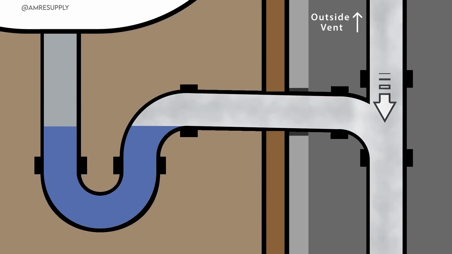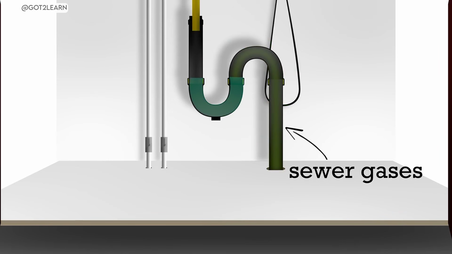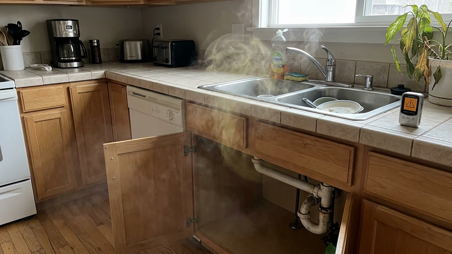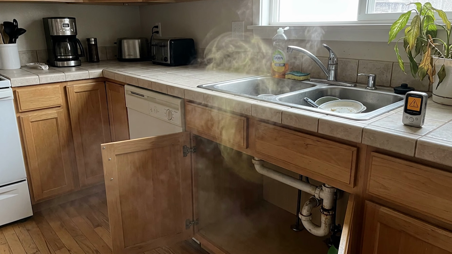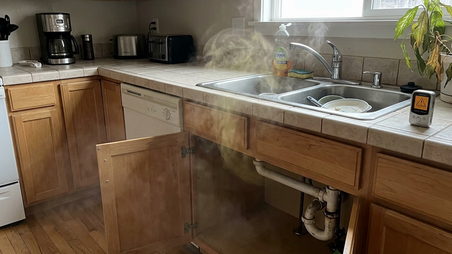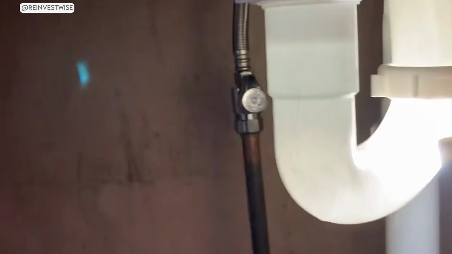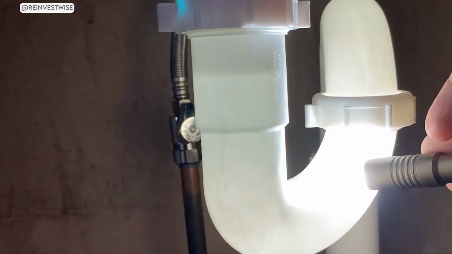That little pool of water acts as a seal, a barrier between the air inside your home and the sewer gases sitting in the drain pipes below. Without that water seal, you would have an open pathway from the sewer system right into your living space. Think of it like a gate that uses water instead of a door.